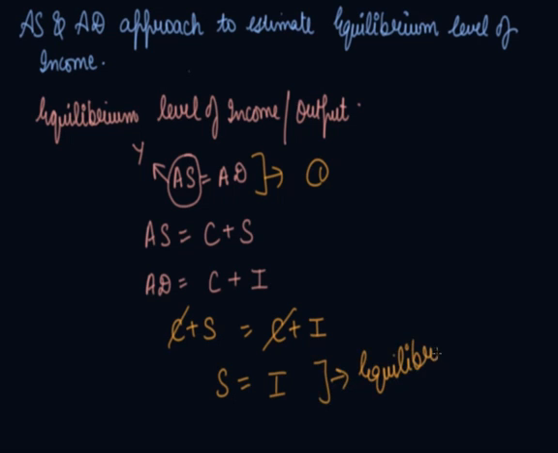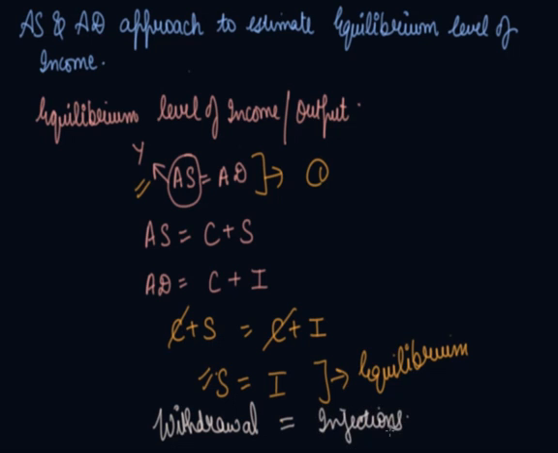So we can use two approaches: your AS and AD approach, and your savings and investment approach. Equilibrium level of income is achieved when withdrawals are equal to injections. Saving is a withdrawal, meaning you are not using your money in the economy to buy goods and services. It is equal to your injections, which means your investments.